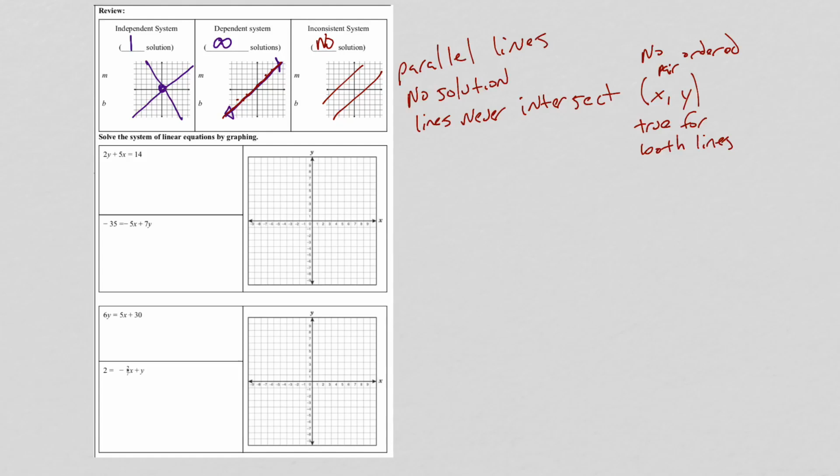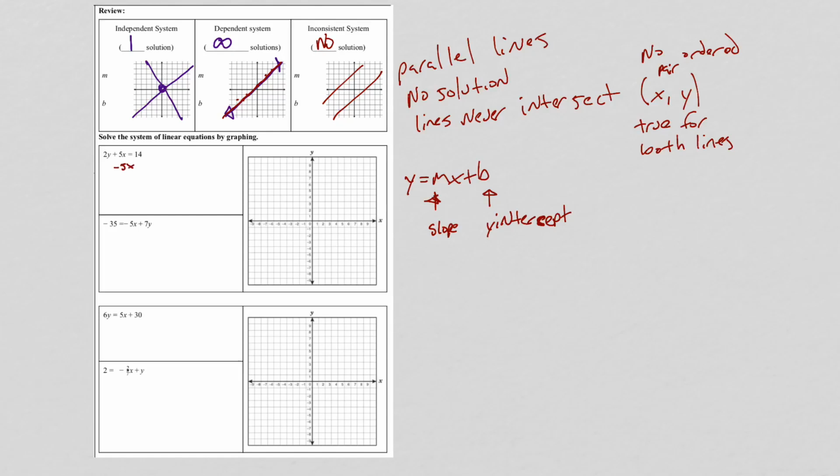Now in these examples here, you're going to have to convert basically both the lines that you see into y equals mx plus b format. This should be review. This is slope, y-intercept, and we're going to have to do some math here.